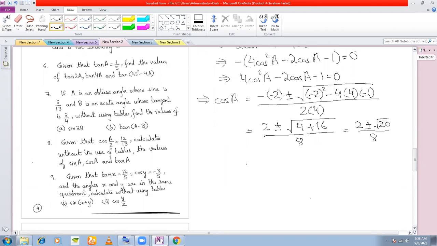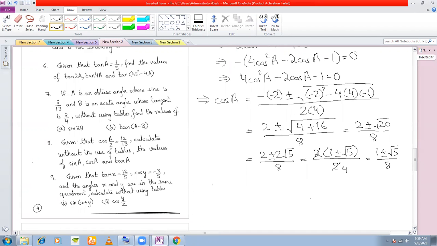Now 20 is the pure surd, you can write it as a mixed surd as 2 root 5. Now you can take 2 common to get 1 plus or minus root 5 by 8. And this 2 will cancel here. So you get 1 plus or minus root 5 by 4.